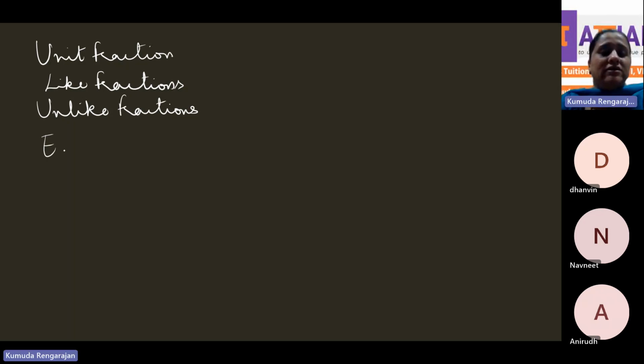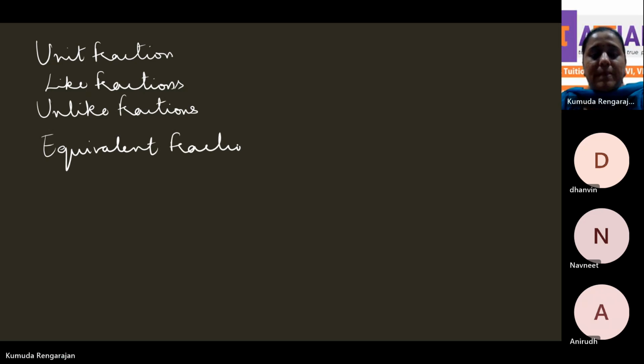And then there is another concept called equivalent fractions. We'll see this in the next class. Just make a note of these terms: unit fraction, like fractions, unlike fractions, equivalent fractions. We'll see all this in the next class.